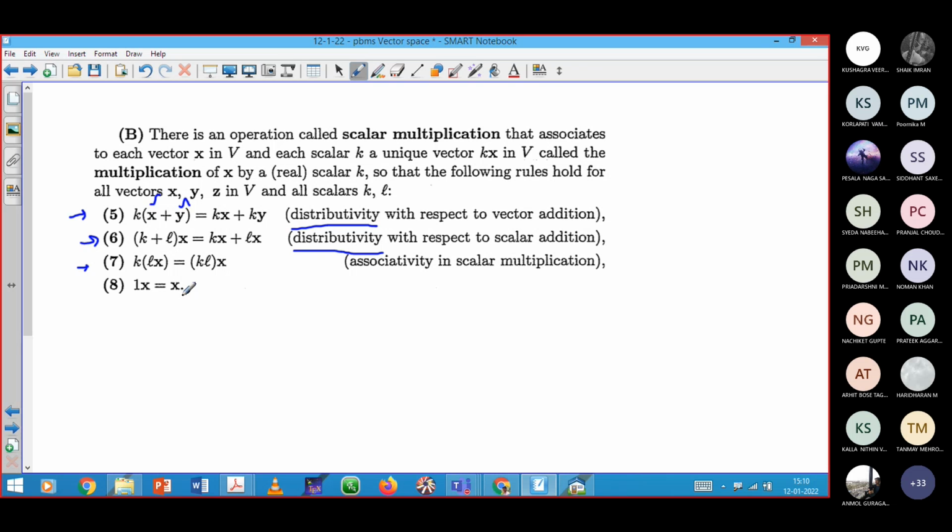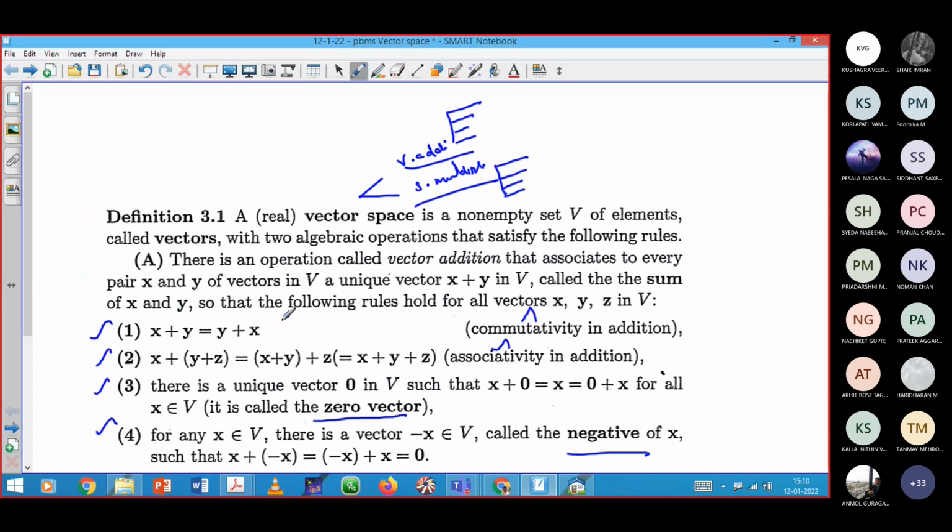If it is scalar multiplication, it has to satisfy these four properties. If it is vector addition, it has to satisfy these four conditions. So cumulatively, if it satisfies the two properties, vector addition and scalar multiplication, then the given non-empty set satisfies the vector space properties.